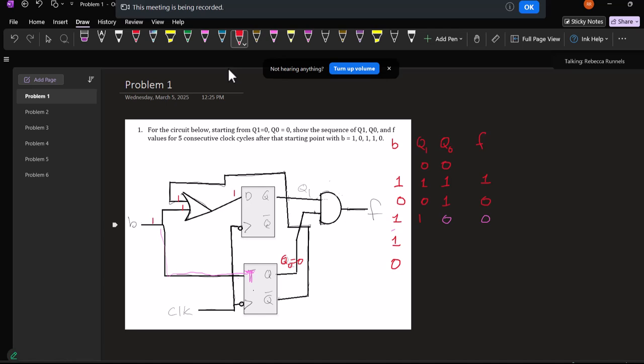So the OR of 1 and 1 is 1. That's a D flip-flop. Q follows D, so Q1 will be 1. B is 1, so the T flip-flop will toggle. It was 0 before, so now it'll become 1. And then F is the AND of 1 and 1, which is 1.